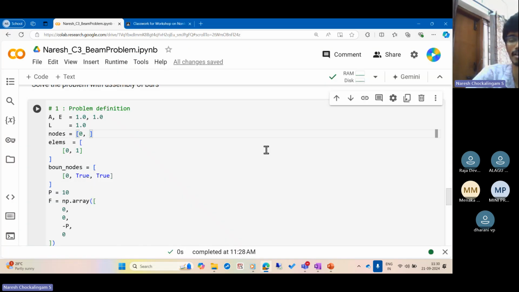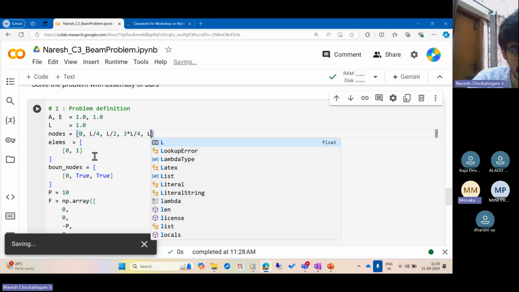So now tell me the node locations. 0, 0.25, 0.5, 0.75, or let me just put 0, L by 4, L by 2, 3L by 4, and L. And what is the element connectivity?